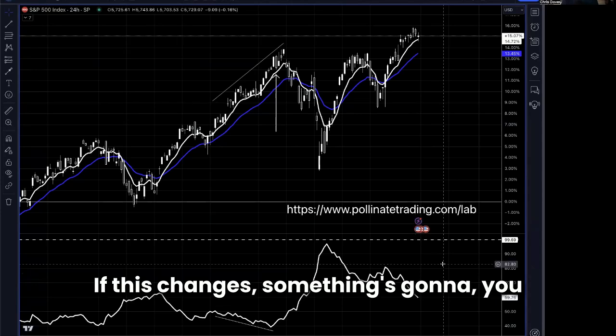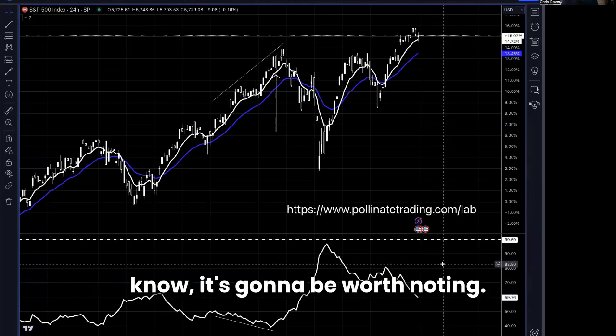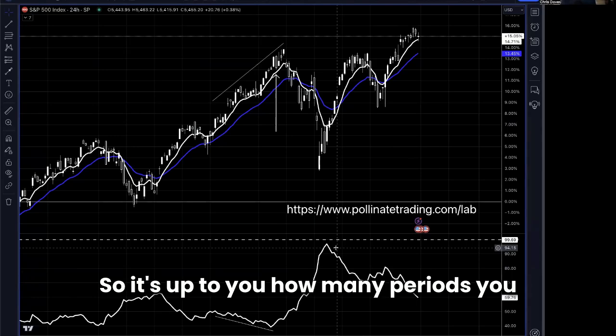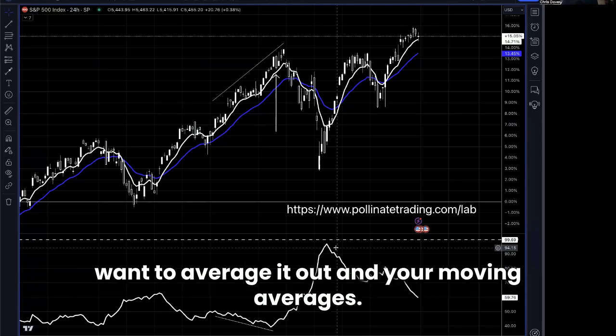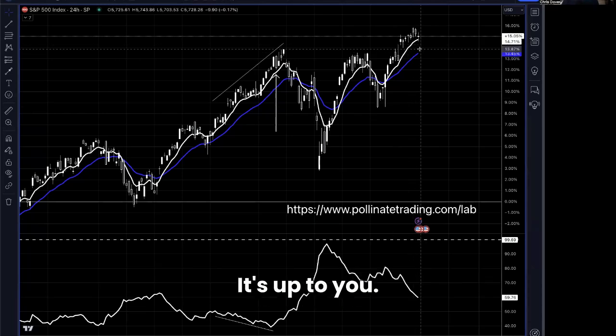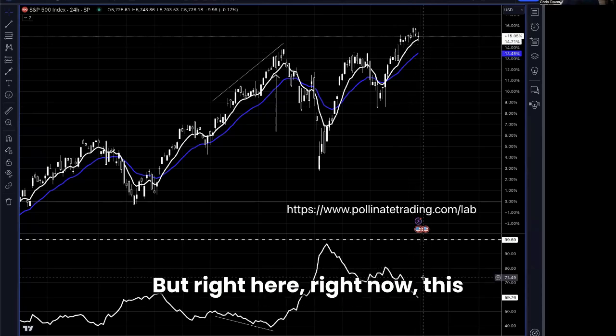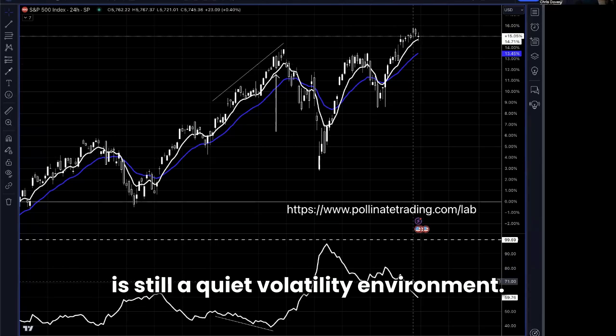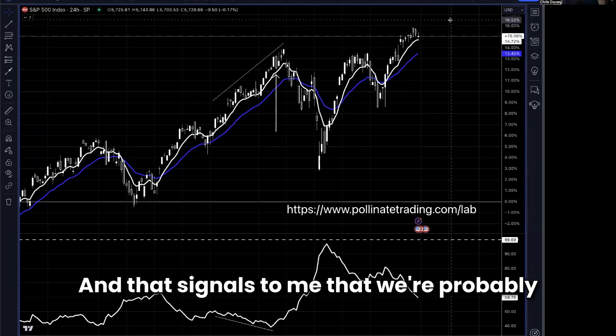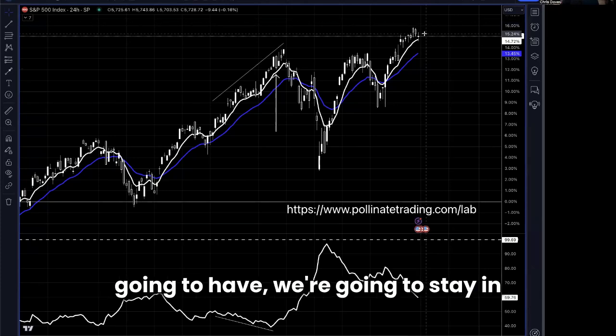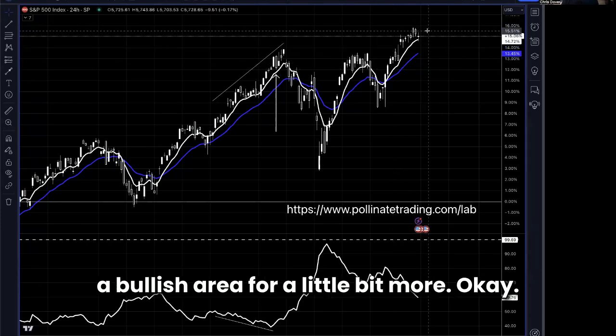If this changes, it's going to be worth noting. It's up to you how many periods you want to average, and your moving averages. But right here, right now, this is still a quiet volatility environment. And that signals to me that we're probably going to stay in a bullish area for a little bit more.